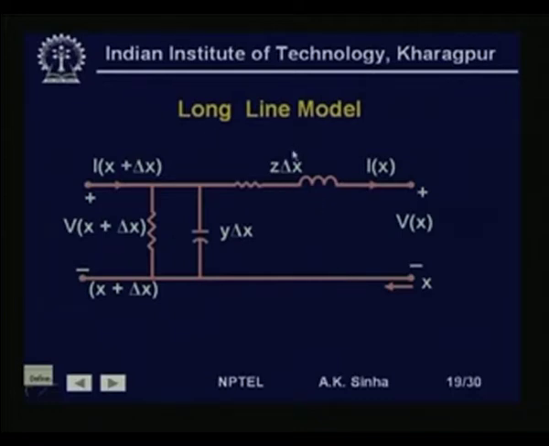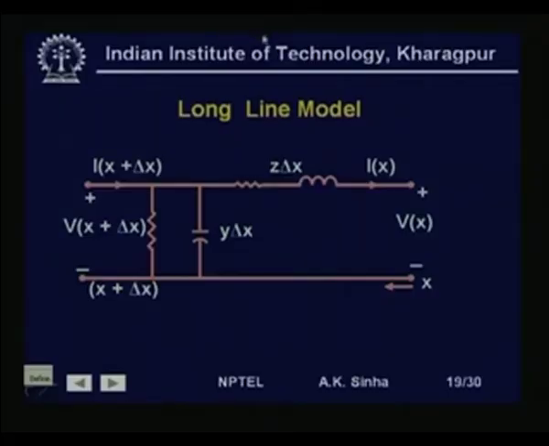So, for a long line, as I said, we will use this distributed parameter model. We have taken a section of line which is delta x in length, a small length delta x. The series impedance of the line is z into delta x, where z is the series impedance of the line, the resistance plus the inductive reactance of the line, R plus j omega L per unit length.